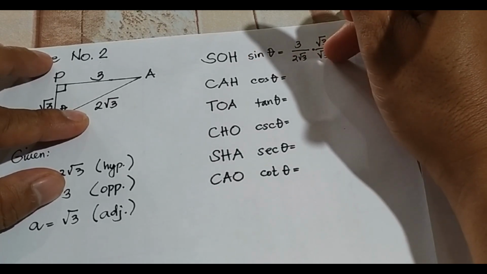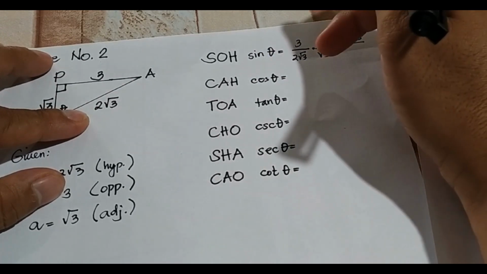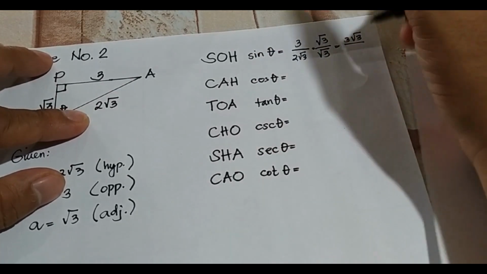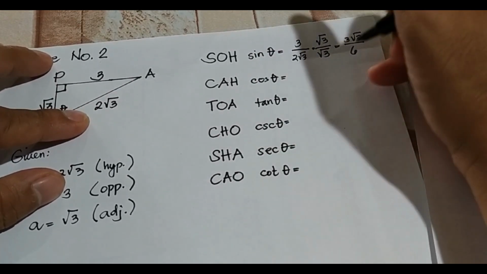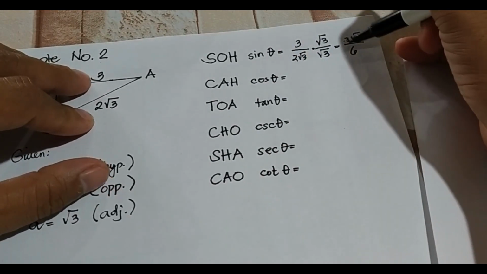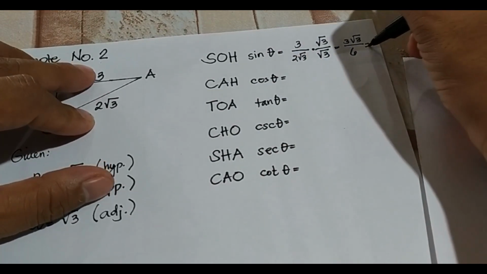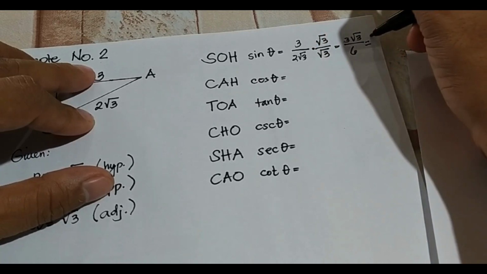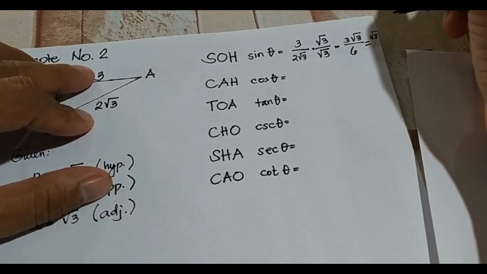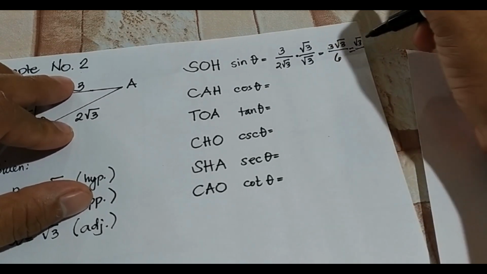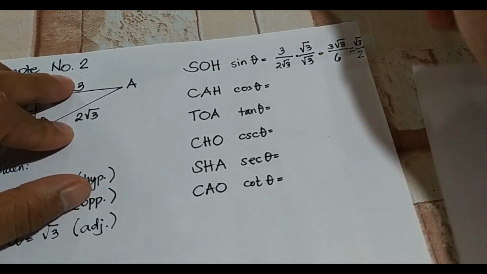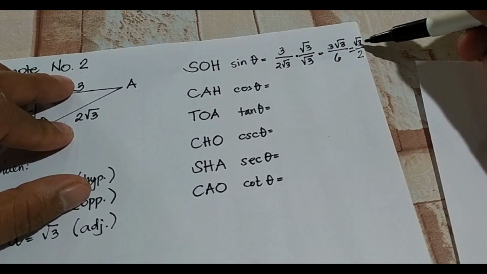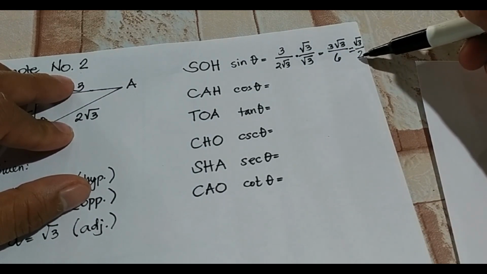So square root of 9, that would give us 3. So 3 times 2, you have therefore 6. And as we simplify 3 over 6, that will give us 1 over 2. So what is left is square root of 3 over 2.